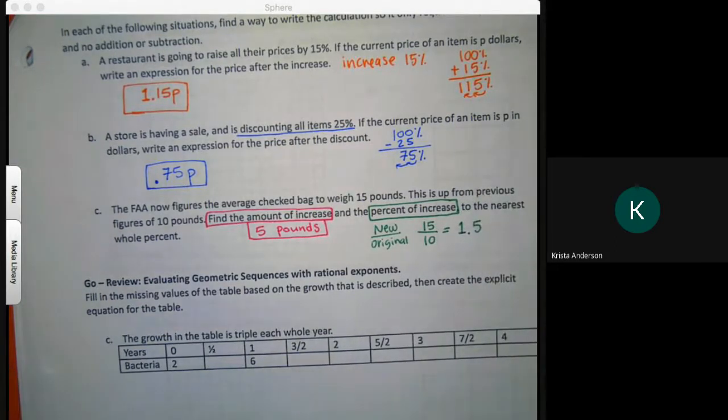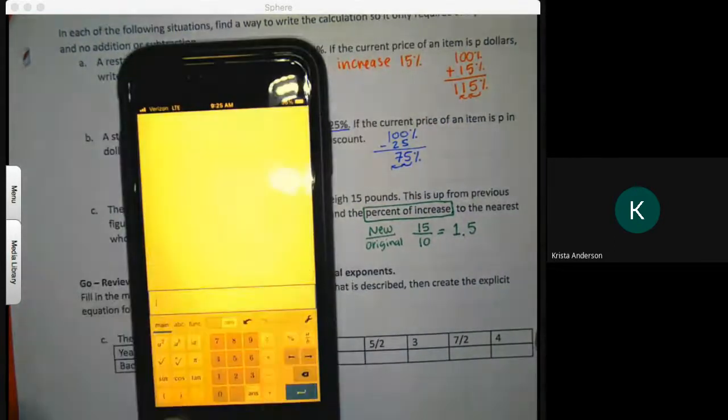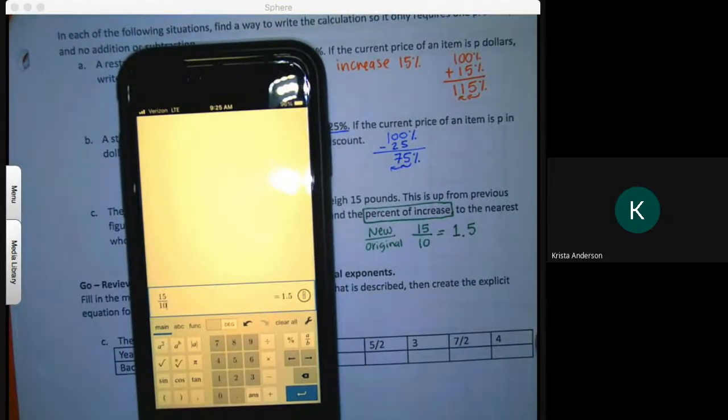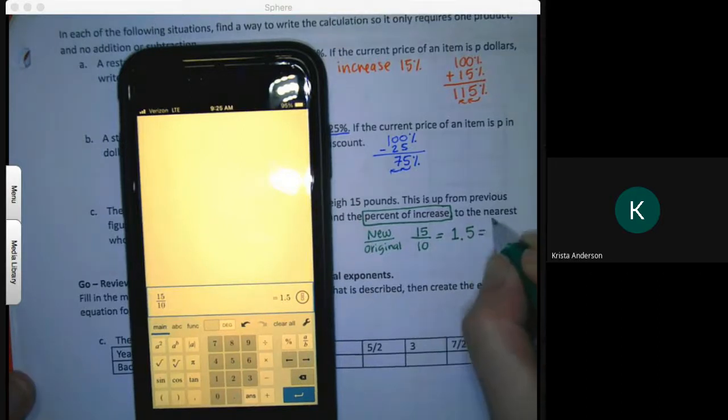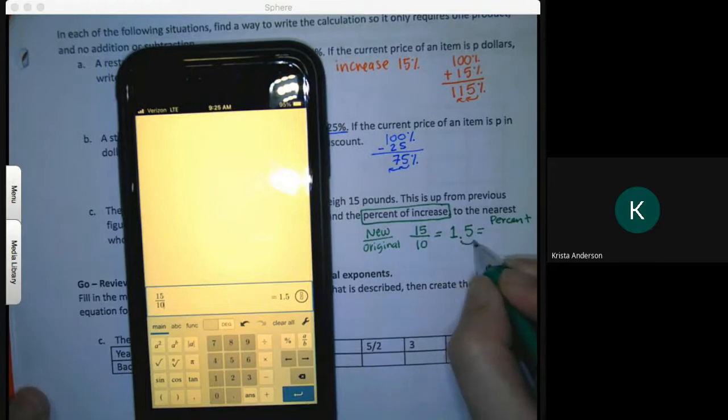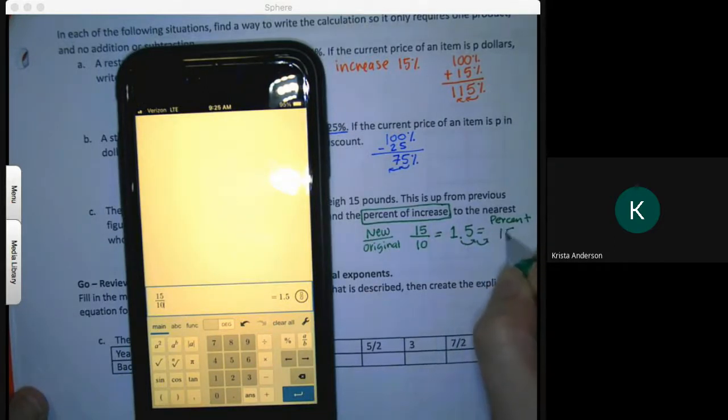I'm going to check. 15 divided by 10 is 1.5. How do I write that as a percent, though, instead of a decimal? How many places do I move the dot? Twice. 1, 2. So that would be 150%.